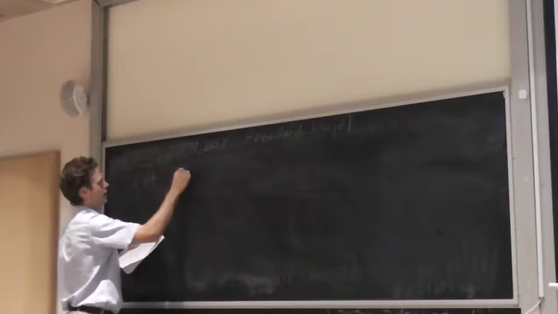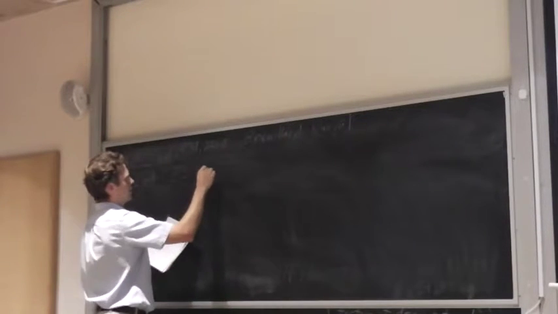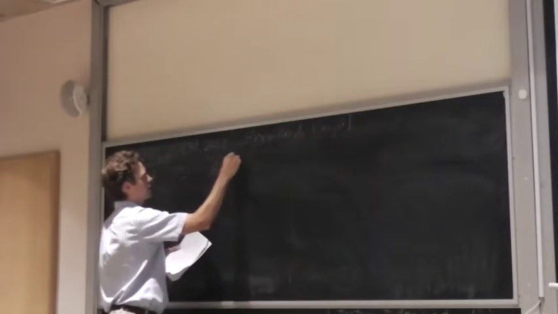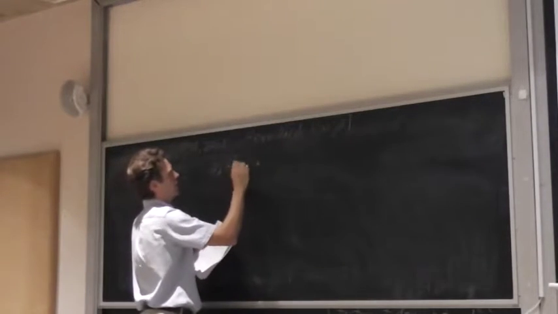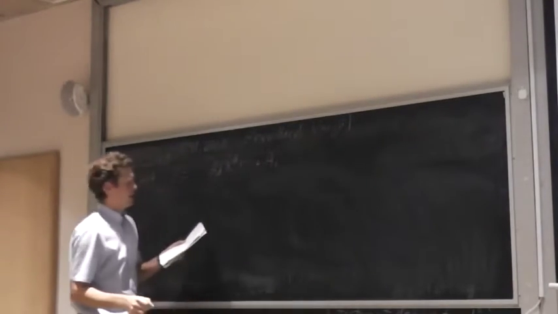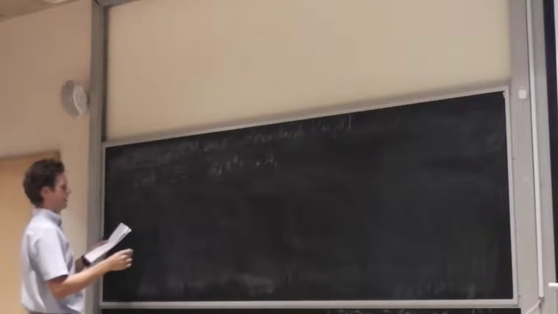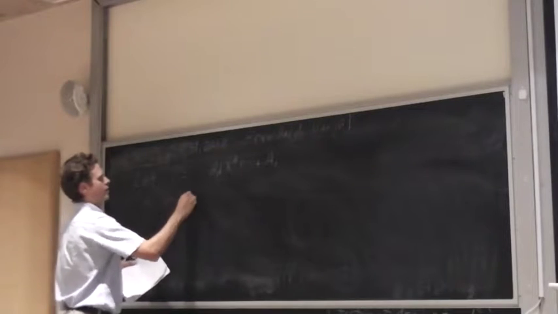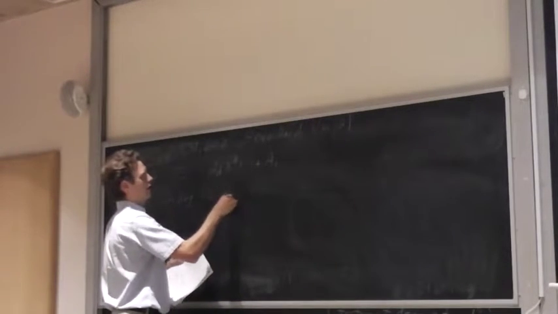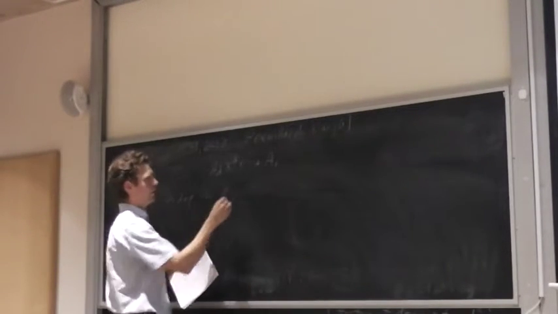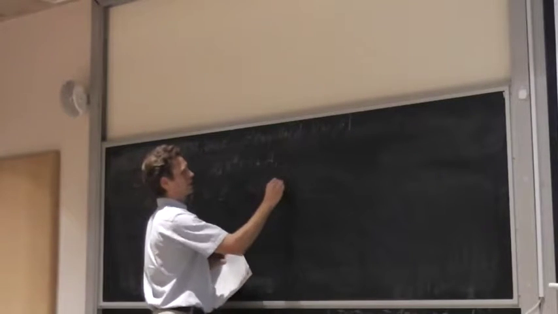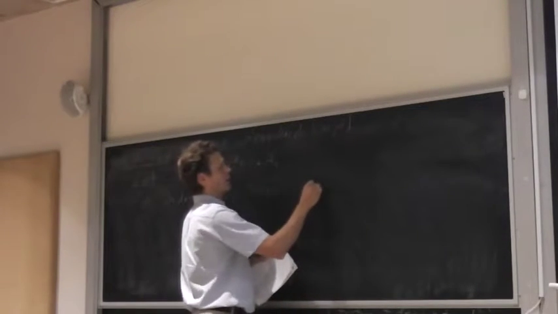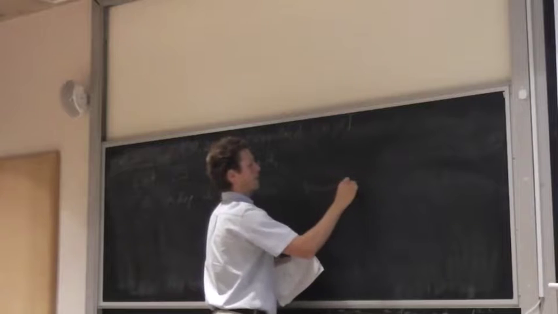So let P be a_d x^d all the way down to a_1, and the a_i are independent integers. And there are some other conditions. They're nice in a few small ways, but one of the interesting ones is that they're also bounded.